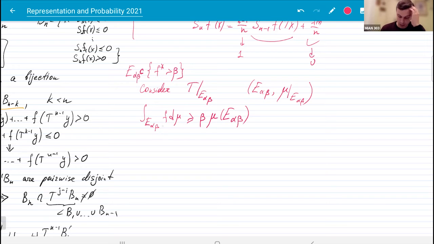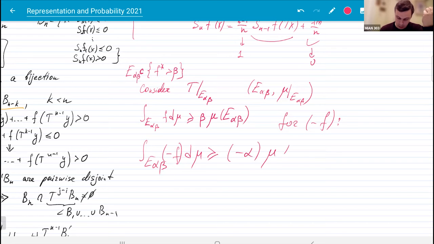And for minus f, we have the same thing, so we can write it like this: the integral over E alpha beta of minus f d mu is larger than or equal to minus alpha times mu of this.